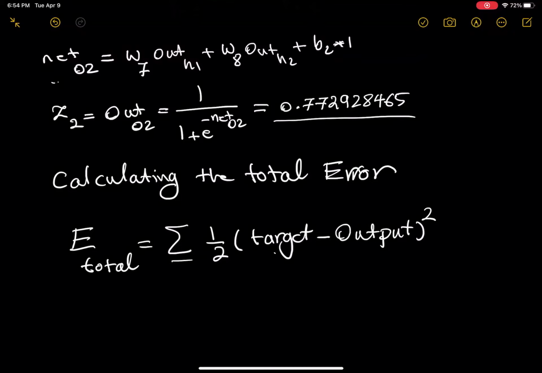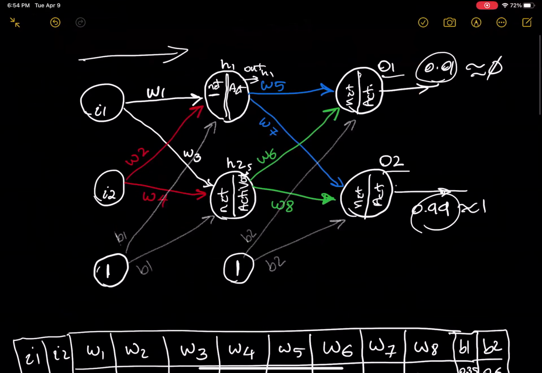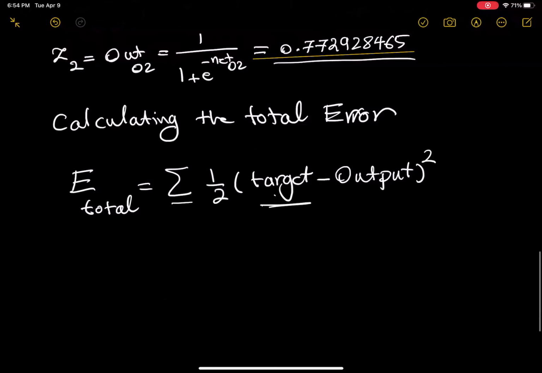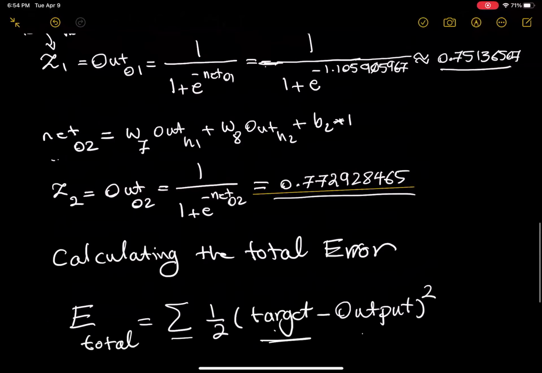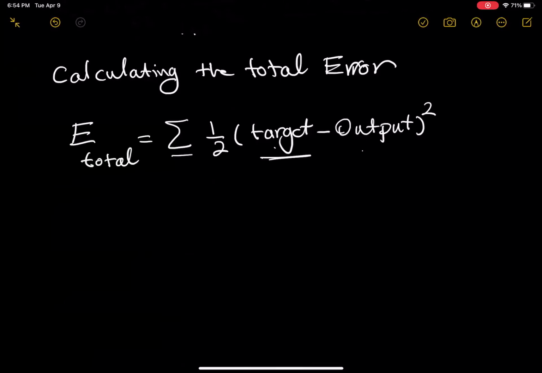For example, target is the one that is given to you here. Target right now is 0.01 and 0.99. And output is the one that we just calculated here, 0.75, Z1 and Z2. And when we say sigma, we have to go through each one of those outputs.